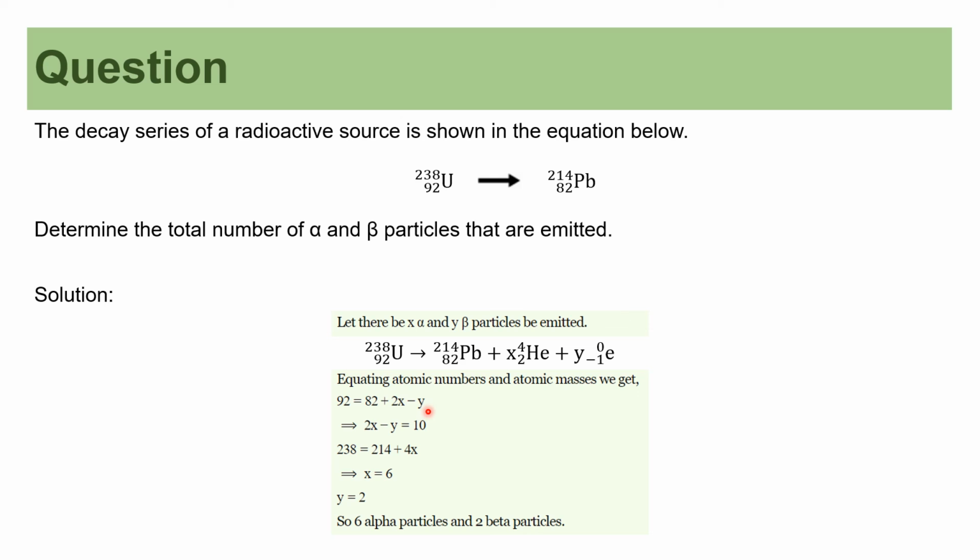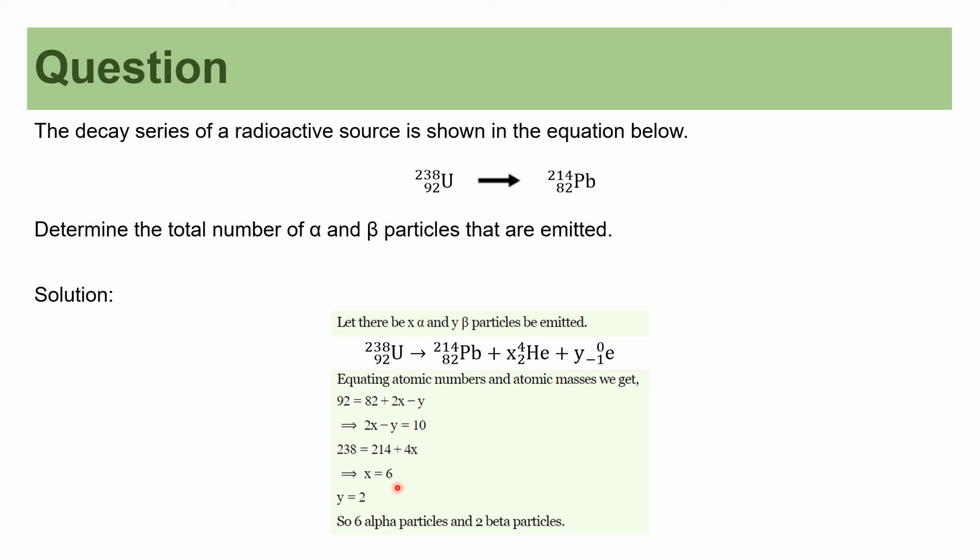Simplification of this first equation will give you 2x minus y equals 10. On the other hand, 238 equals 214 plus 4x. This is the second equation, and simplification of this second equation will give you x equals 6.